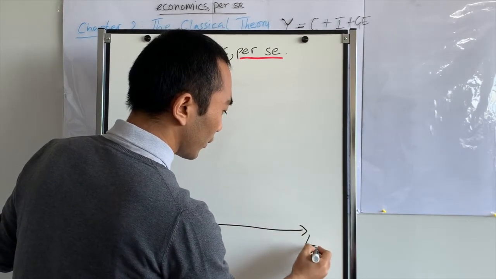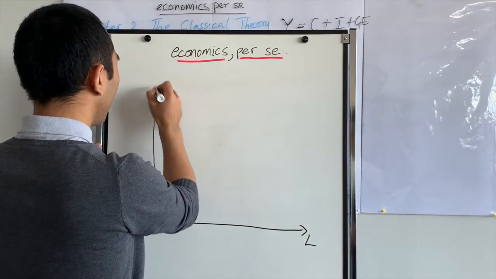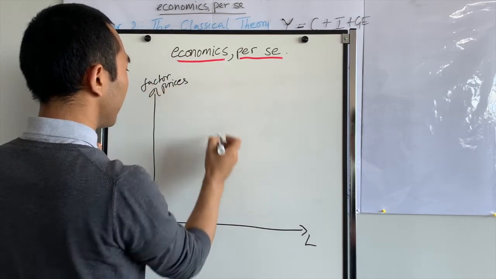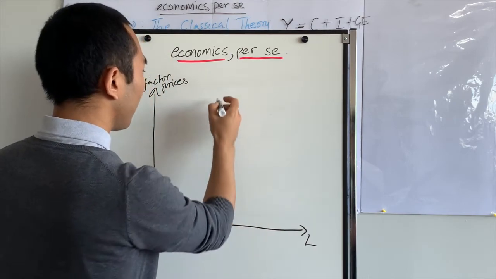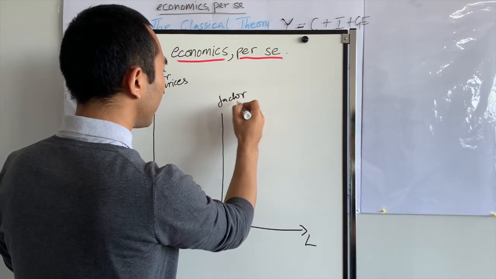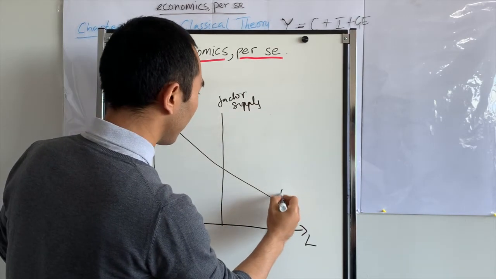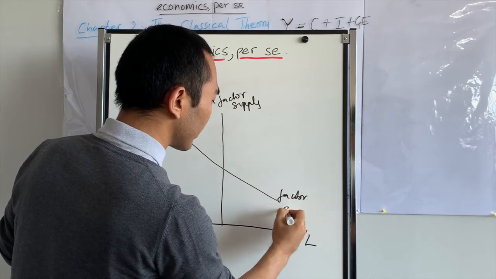On the x-axis, we have quantity of labor, and on the y-axis, we have factor prices. Factor supply is going to be vertical, and I'll talk about why in a little bit, and this is going to be factor demand.